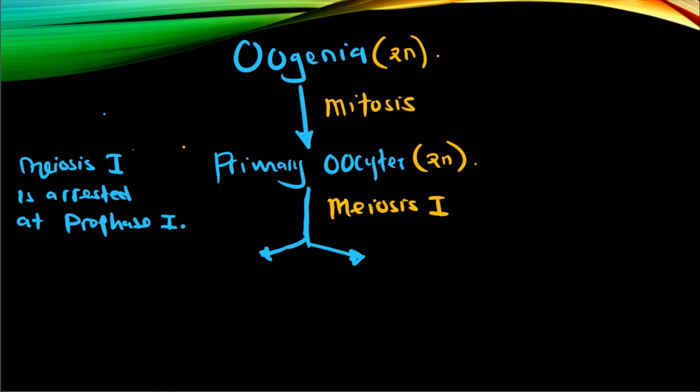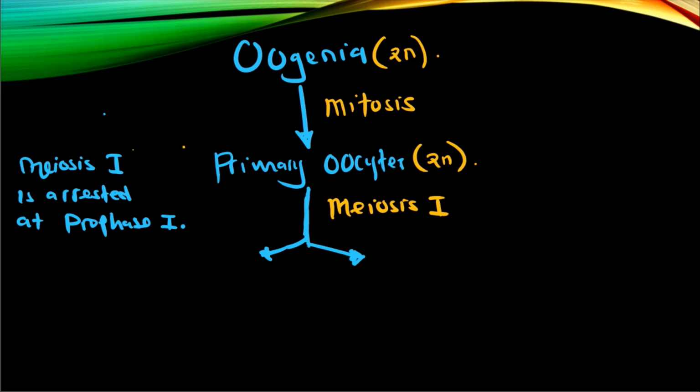Now remember that prophase has 5 stages. If you haven't watched our video on meiosis, you can find that link in our description and in our comment section. Go and watch that video on meiosis. Prophase 1 has 5 stages.